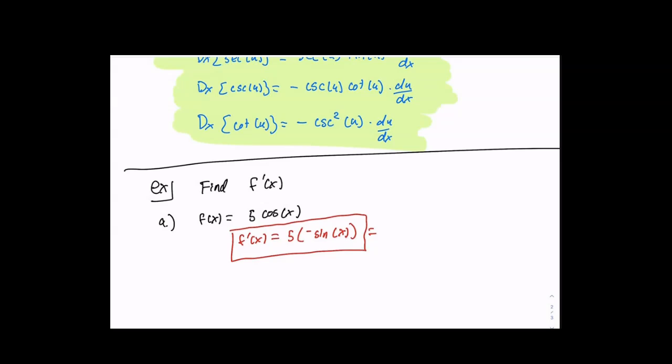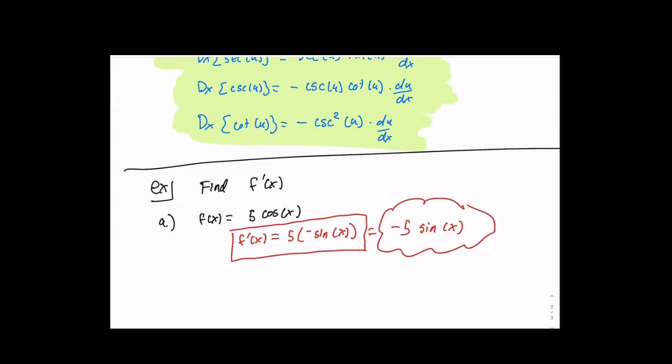5 times negative sine of x. How do I clean that up? What's another cleaner way of saying it? Simply negative 5 sine of x. Because that's what the negative means, it's like negative 1.